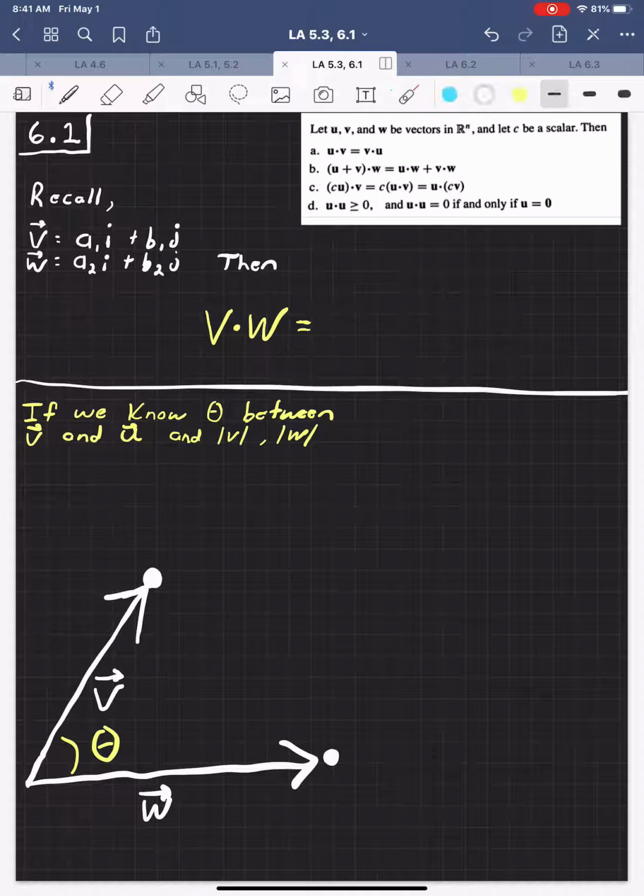Well, what we saw was that the definition of the dot product would simply take the a sub 1, whatever is attached to the i notation, multiplied by a sub 2, plus b sub 1 multiplied by b sub 2.